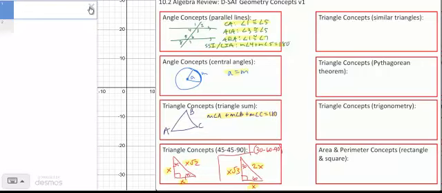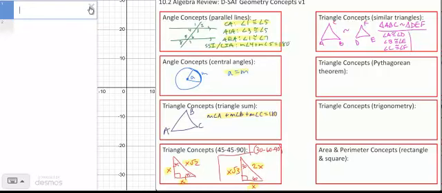In addition, we have similar triangles as something that you need to be aware of. If you have triangle ABC similar to triangle DEF, then you know the following. All of their corresponding angles are equal, and all of their corresponding sides are proportional.